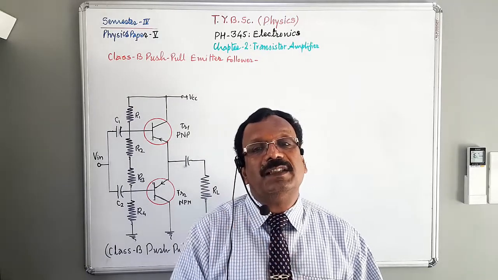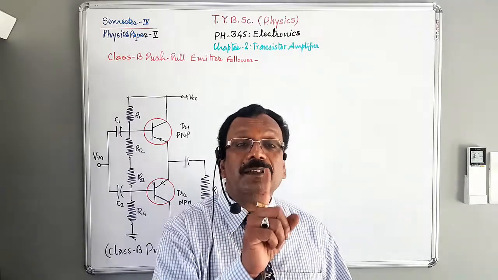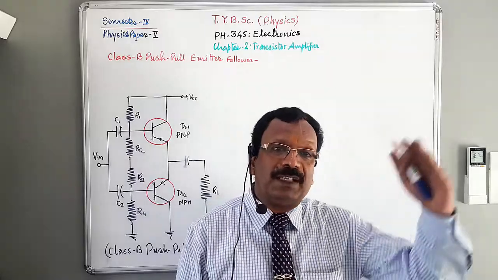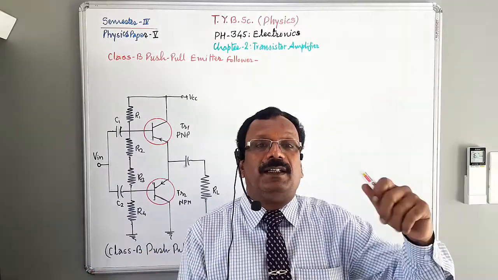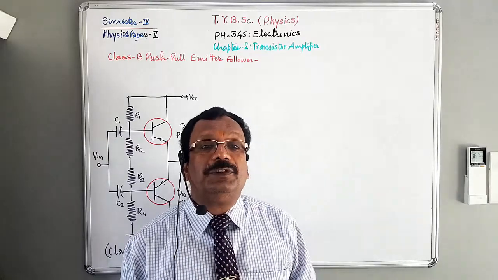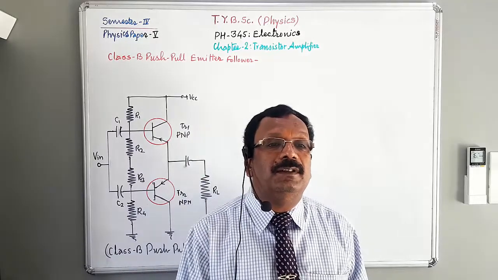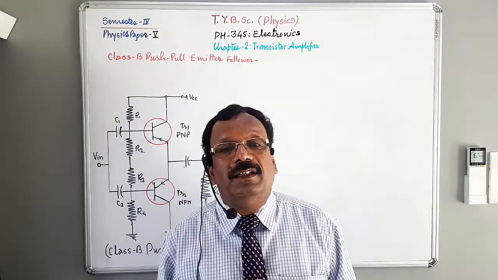To achieve this, the Q point in class A remains at the middle of the saturation point and cutoff point. Whereas in class B, the quiescent point should be located at cutoff on the AC and DC load lines.